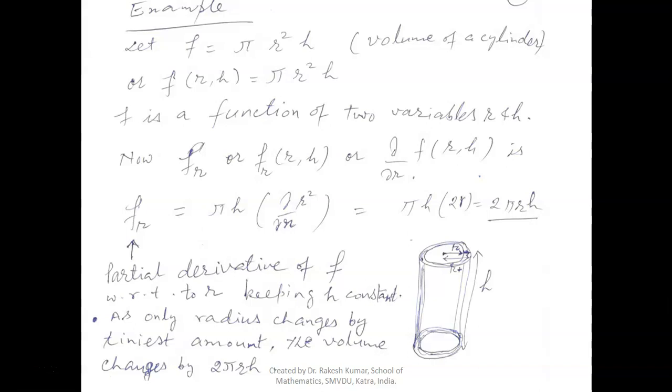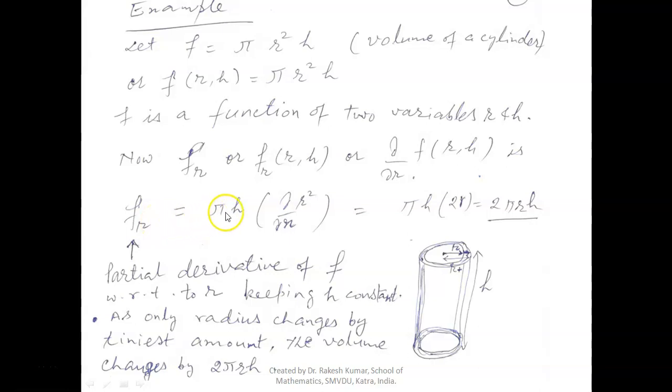We are considering a cylinder and its volume as a function of two variables r and h. So let us denote it by f(r, h) is equal to pi r square h, right?